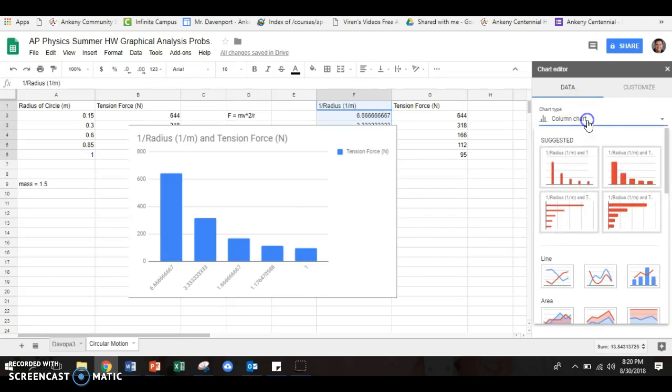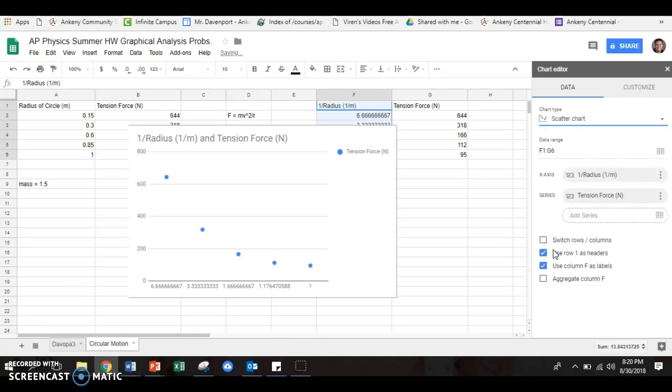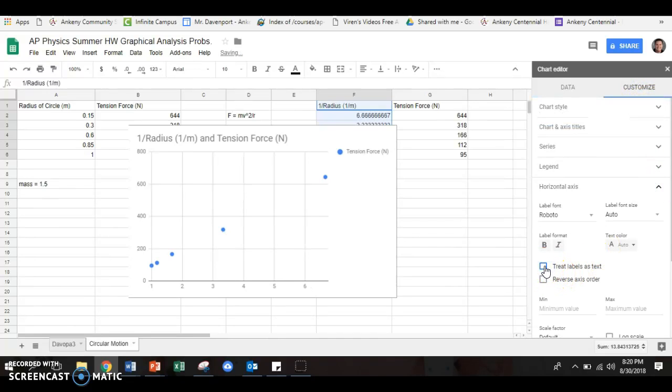And we want to make sure we have a scatter plot. It's doing that thing again, and it's even putting them backwards this time. That's very interesting. So you'll need to go back here and make sure you unclick this treat labels as text. And it does look pretty linear right after you do that, which means you're going to get a nice slope.